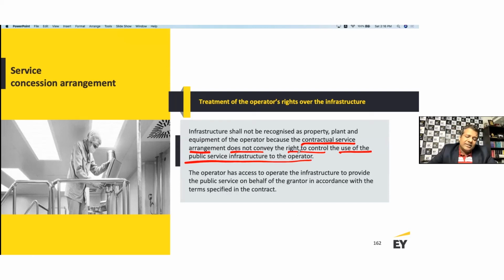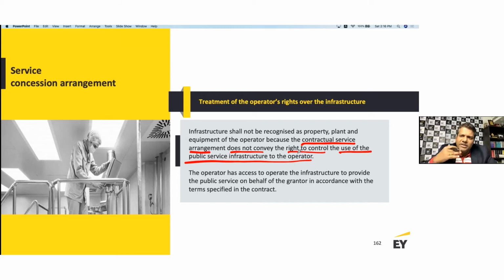When I say control, it means, let's say I don't want anybody to access this road; you don't have that right as the operator. Anybody and everybody who has the ability to pay the toll charges as fixed by the government has the right to use the road, or the right to fly, to use the airport, to use the port. These are public infrastructure assets, not private property.